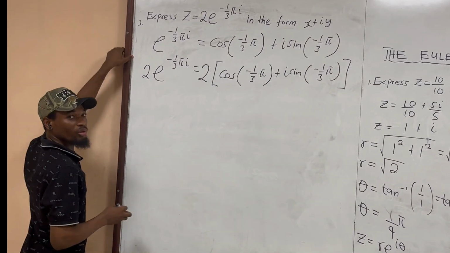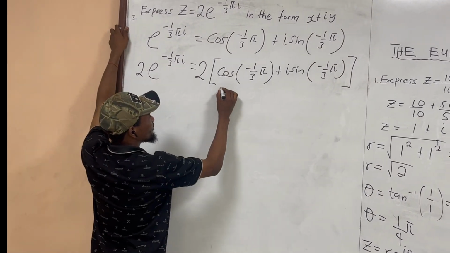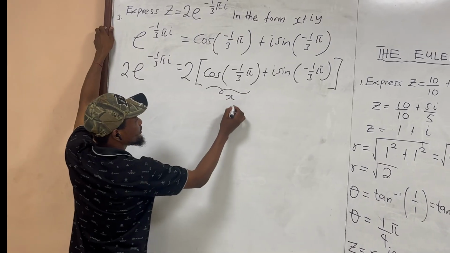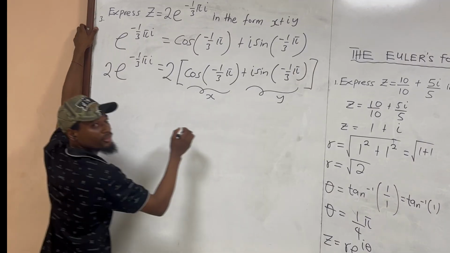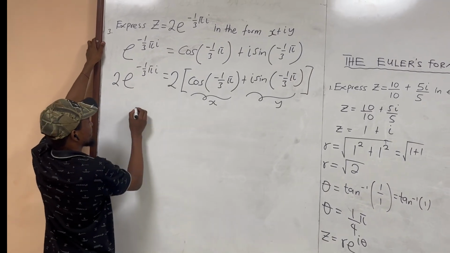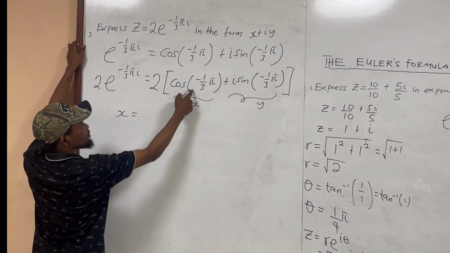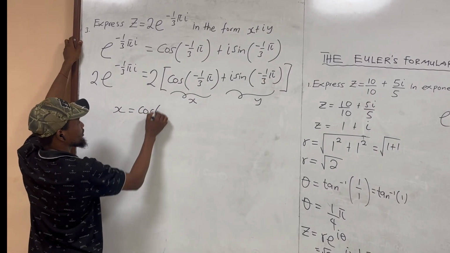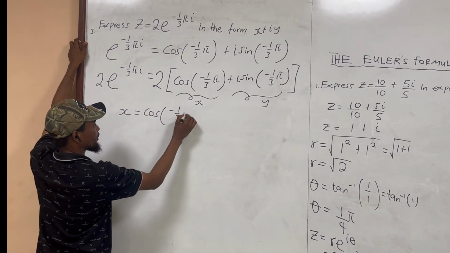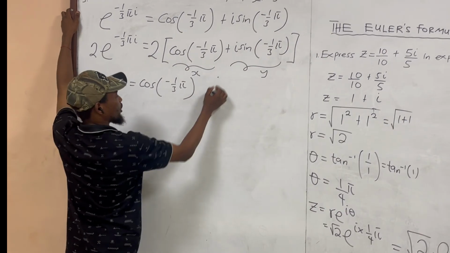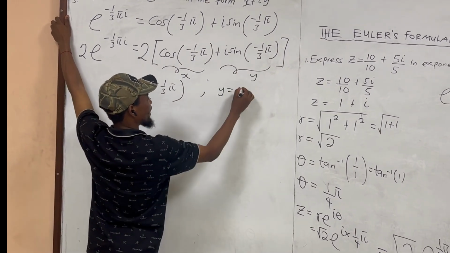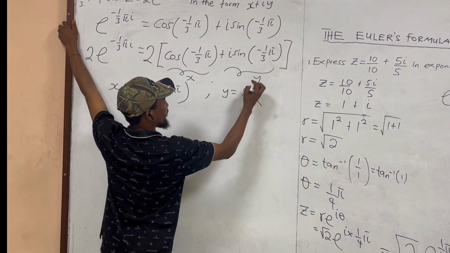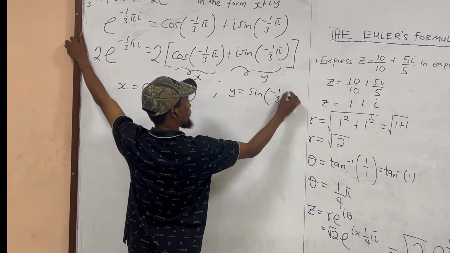Now I can say that this is my x, this is my y. So x is equal to cos of negative 1 on 3 pi, and y is equal to sine of negative 1 on 3 pi.